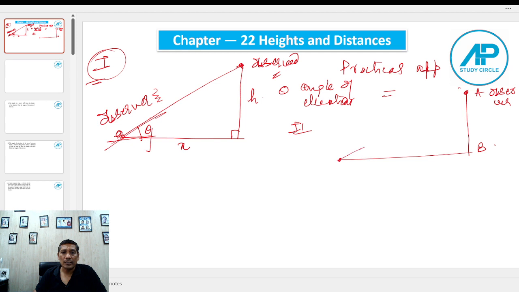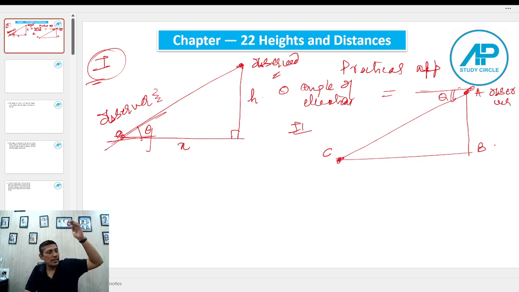From here, an object on the ground, and this man is making an angle theta with the horizontal while observing this here. So मैं अपने घर की छत पर खड़ा होकर एक रोड पर कार मूव कर रही है उसको ऑब्जर्व कर रहा हूं. तो my eyes are making an angle with the horizontal. I am looking down, angle of depression.